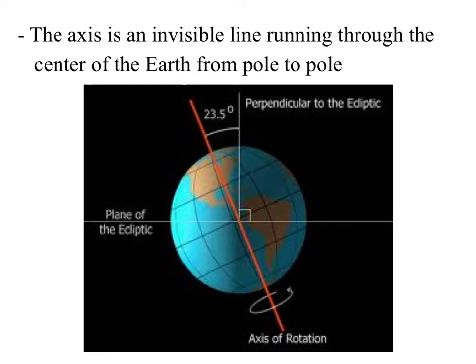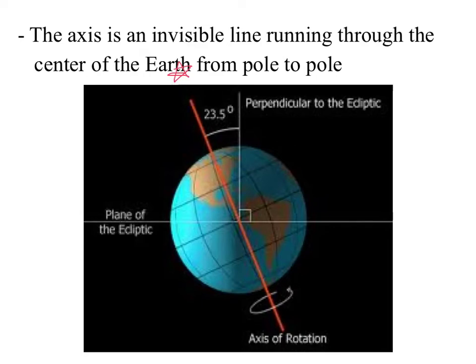The axis does wobble, the same way that when you look at a top spinning around on the floor, it does these little miniature wobbles, which can do kind of weird things, like point the North Pole in different directions. So right now we've got a star that's directly above the North Pole that we call the North Star, but in the future this axis is going to keep on wobbling.